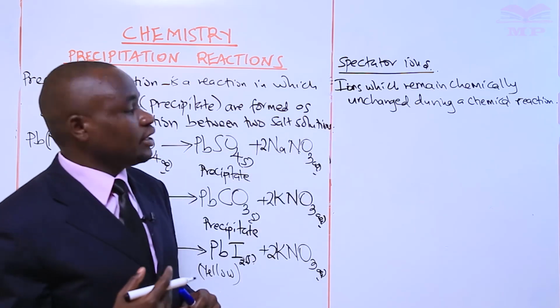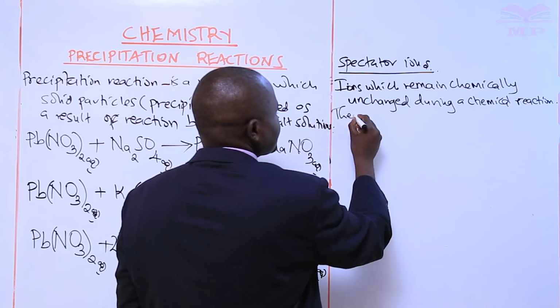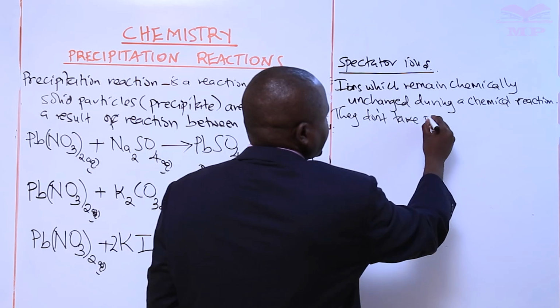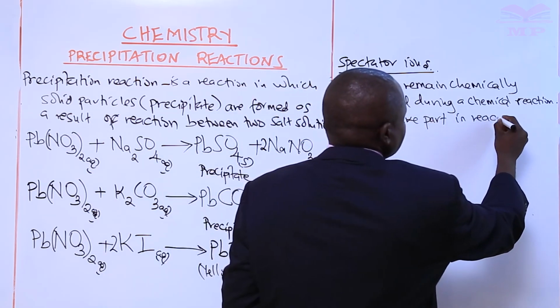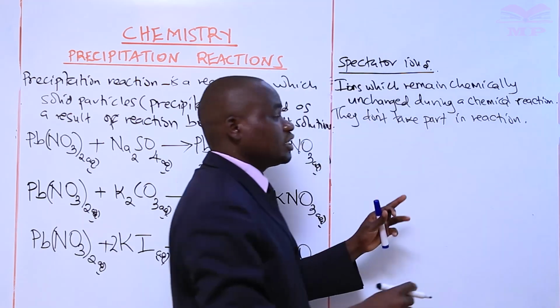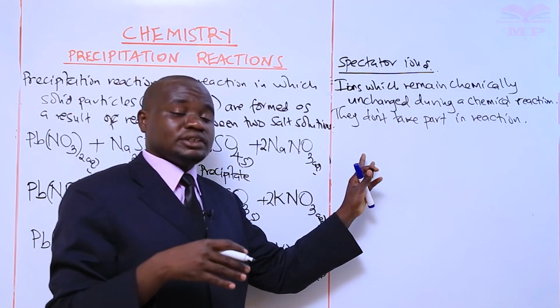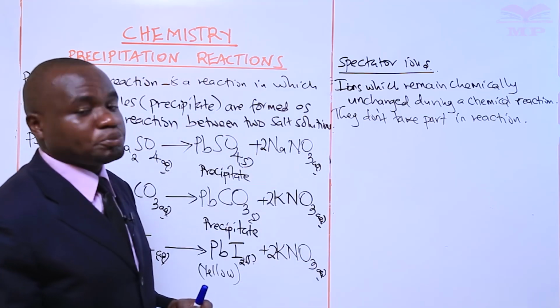So that's another property that we need to know, that they don't take part in the reaction. That's why we are saying the fact that they don't take part in the reaction, they'll remain unchanged. They remain at the start same, at the end they'll be the same. So we call them spectator ions.